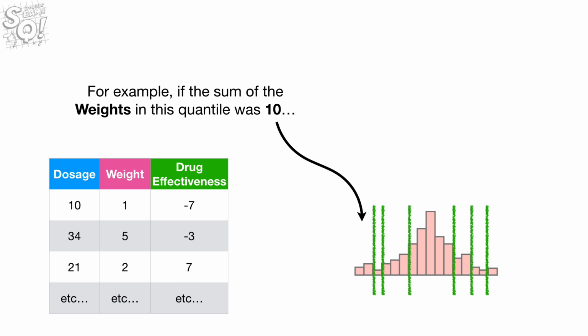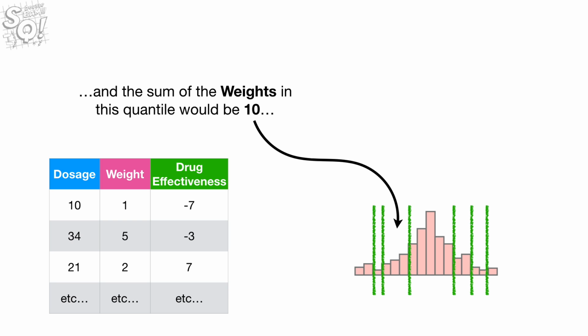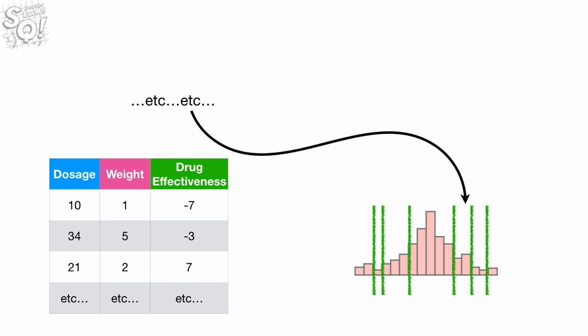For example, if the sum of the weights in this quantile was 10, then the sum of the weights in this quantile would also be 10, and the sum of the weights in this quantile would be 10, etc., etc., etc.